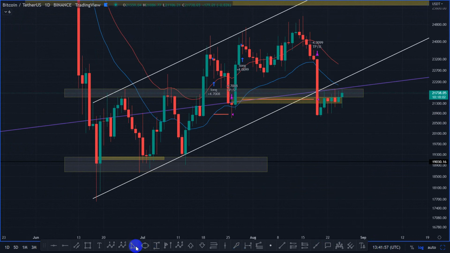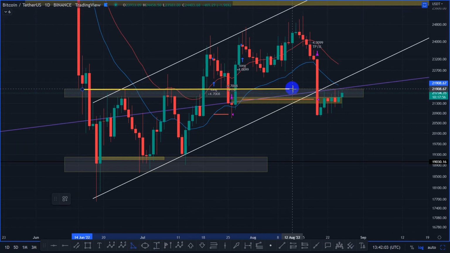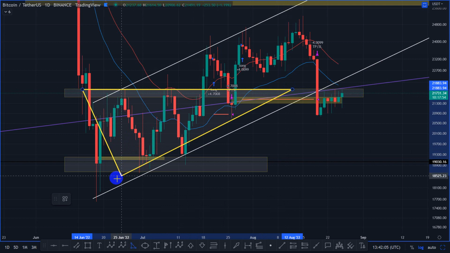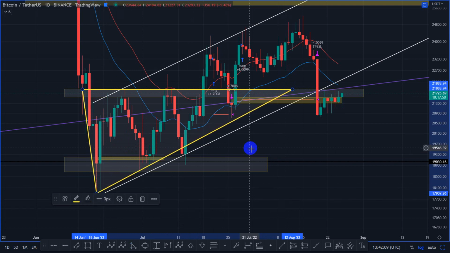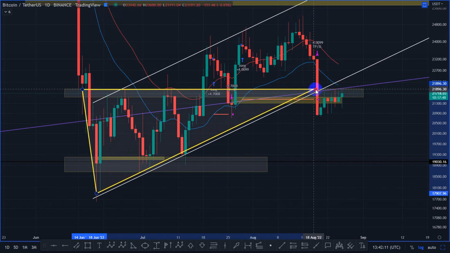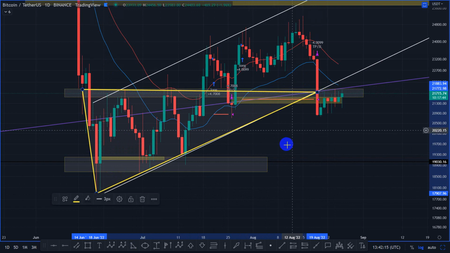If you listen to several YouTubers, most of them definitely spoke about this ascending triangle, right? An ascending triangle has a bigger probability and tendency to break to the upper side.